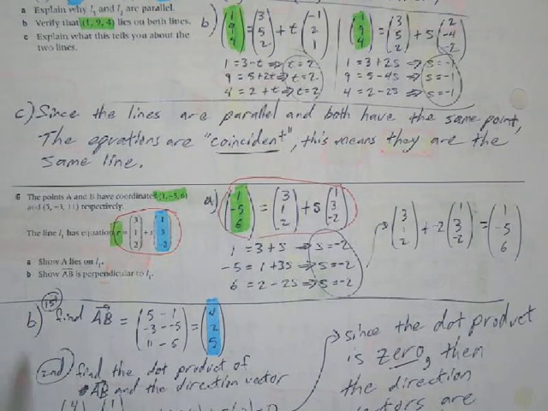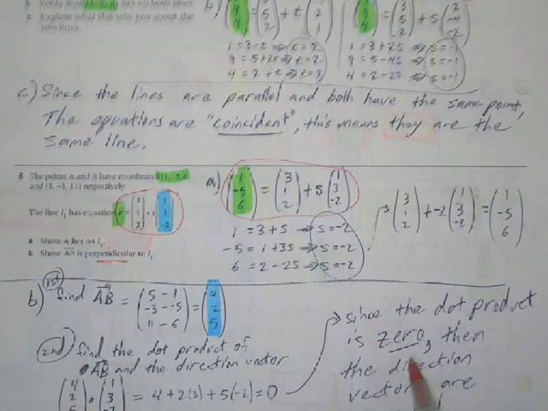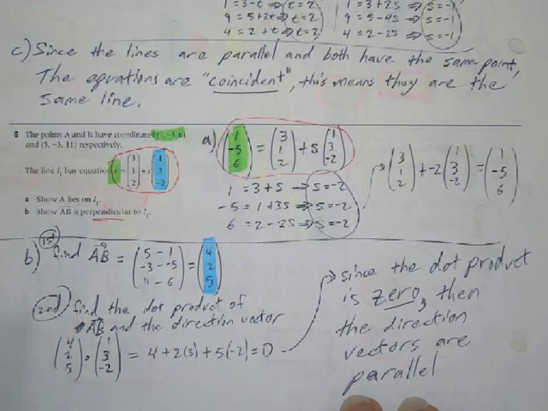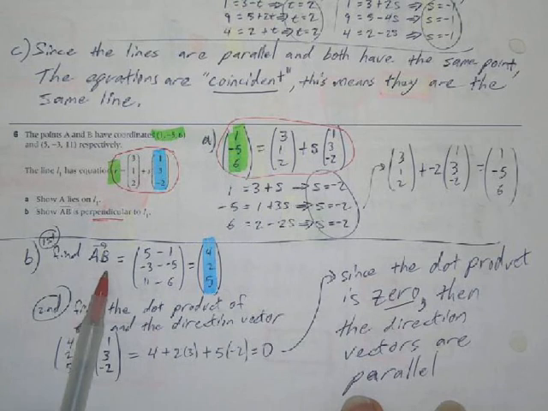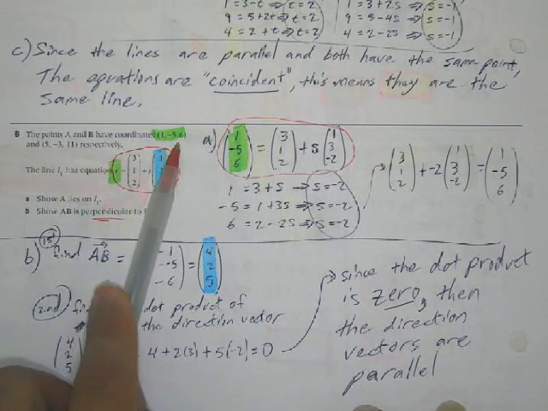For part B, show that AB is perpendicular. If it's perpendicular, then that means the dot product is going to be 0. So let's find the dot product of the two vectors. Before I can even get started, I need to find vector AB. So point A is this, point B is this.